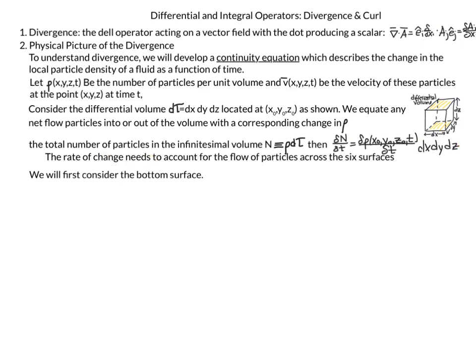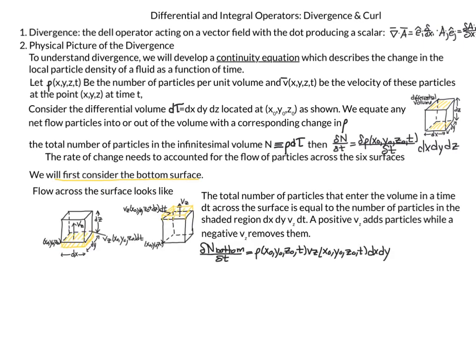The rate of change needs to account for the flow of particles across the 6 surfaces of this little cube. So we're going to start with the bottom surface. I've redrawn my very small cube over here, and I've highlighted the bottom surface and also the top surface for later.